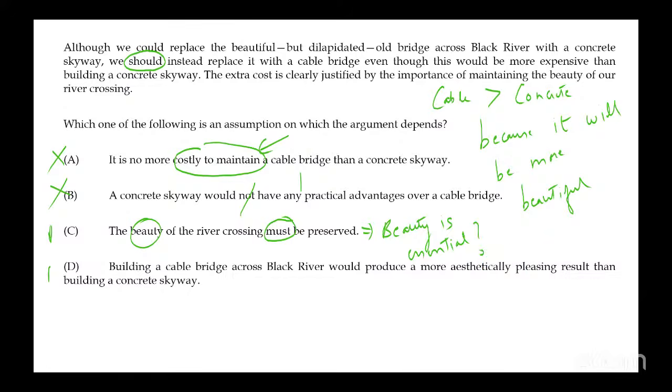Does the argument require this? Look, the argument is simple. We should go with a cable bridge, right? Because it'll be more beautiful and it is important. It is important. But is it necessary? That will be a step further.